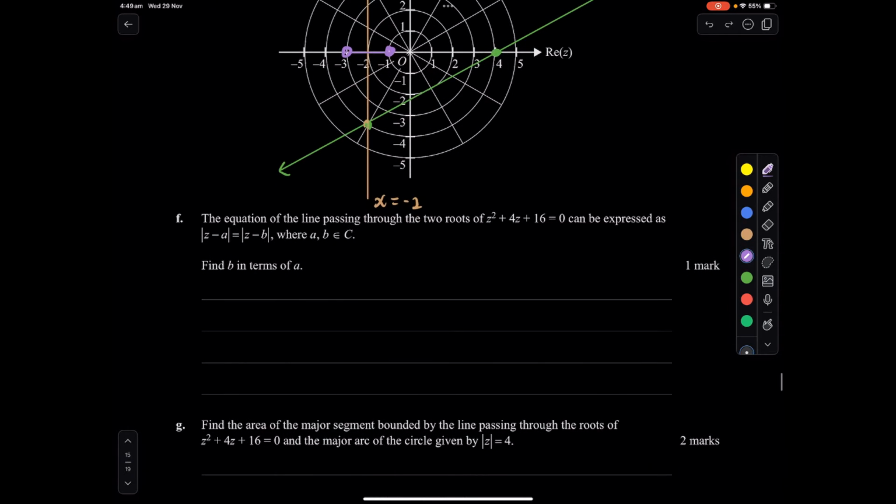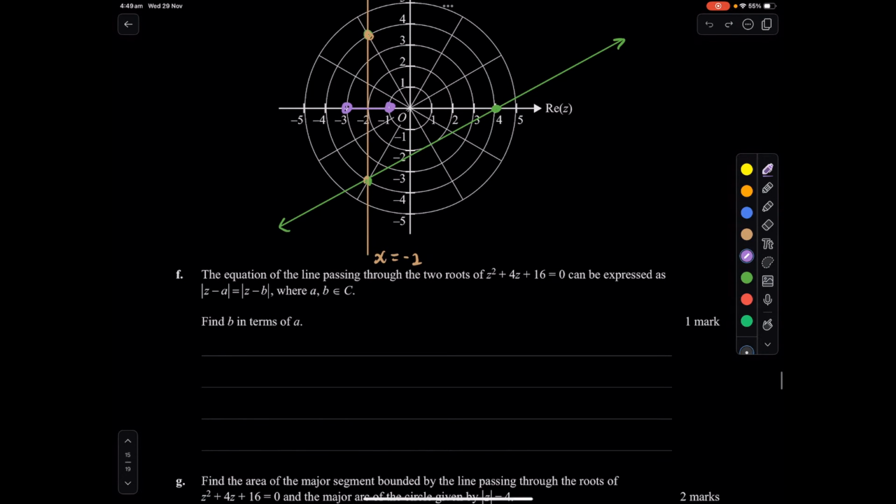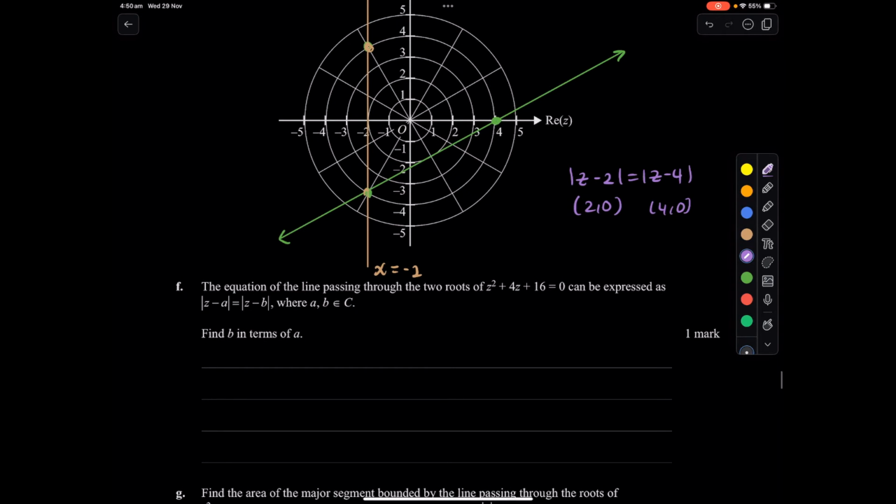Let's give an example to really express that. If I had the modulus of z minus 2 equals the modulus of z minus 4, this is telling us that the coordinates here are 2, 0 and 4, 0. So 2, 0 is here, and 4, 0 is here.